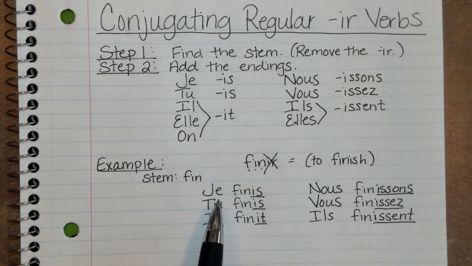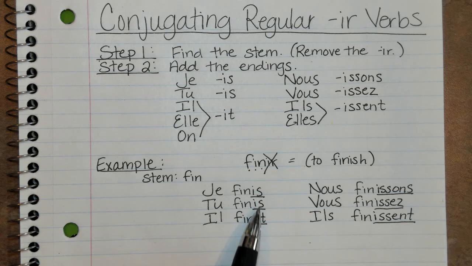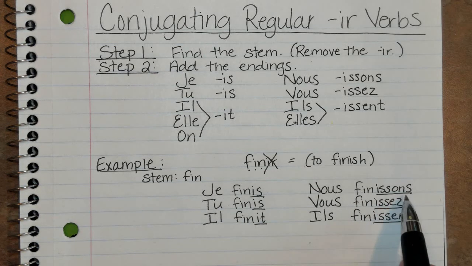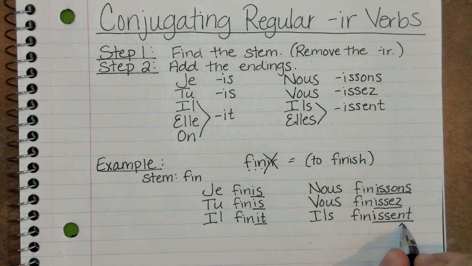So this is pronounced je finis, tu finis, il finit. None of these final letters are pronounced. So fini, fini, fini. They all sound the same. Over here we've got finissons, finissez, finissent. Do you remember the rule that says when you have ENT on the end of a verb, you don't pronounce it?